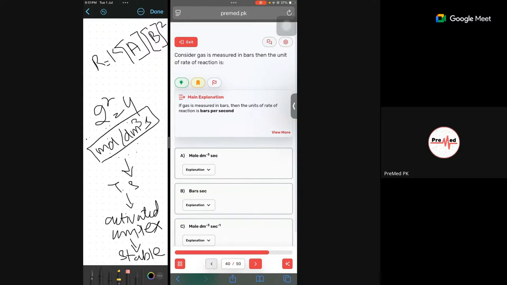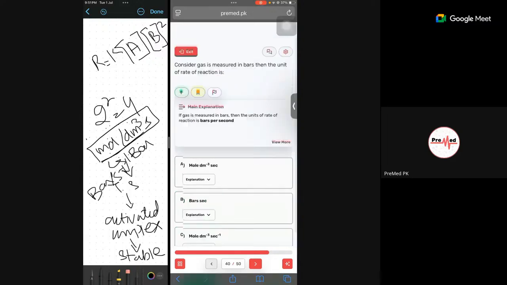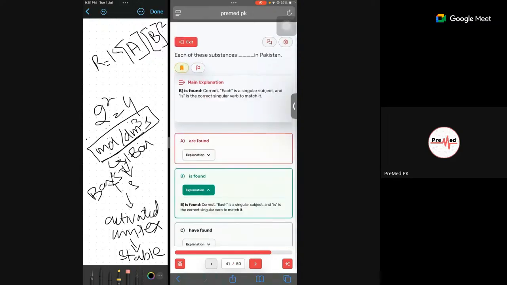So how do we write it in terms of bars? If 1 mole per dm³ is equal to 1 bar, then it is written as bar per second. That's how you deal with this kind of MCQ, a simple calculation.